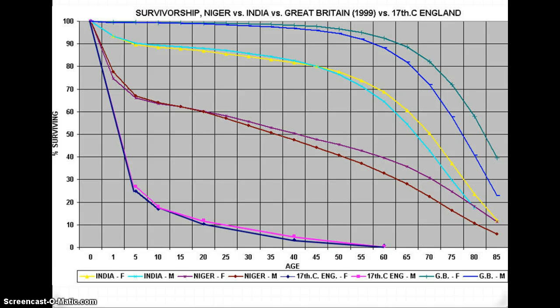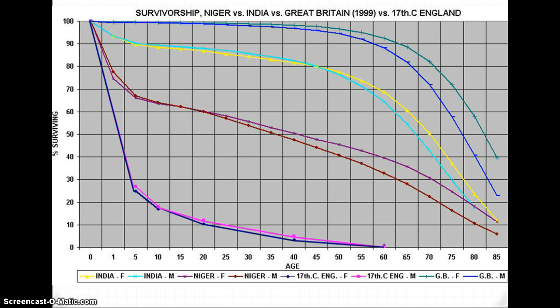So let's talk about, first of all, 7th century England. You see this very steep type 3 survivorship curve with a lot of people dying before they reach the age of 15, and then gradually over time being able to survive at a higher rate as they are getting older.